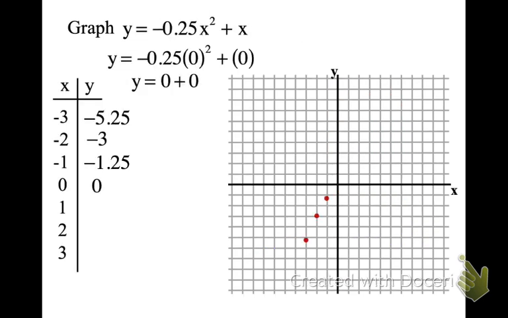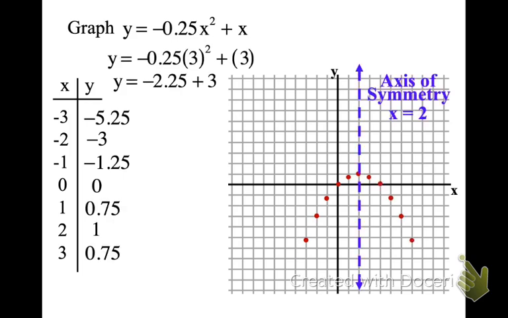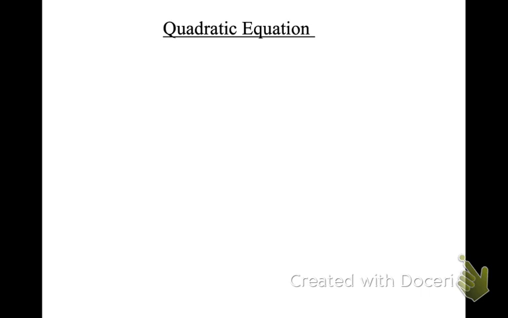Okay, so now what we're going to talk about today are critical features that are going to help us graph a quadratic without doing a lengthy table process. So the first thing I want you to do is write down the equation. This is the quadratic equation.